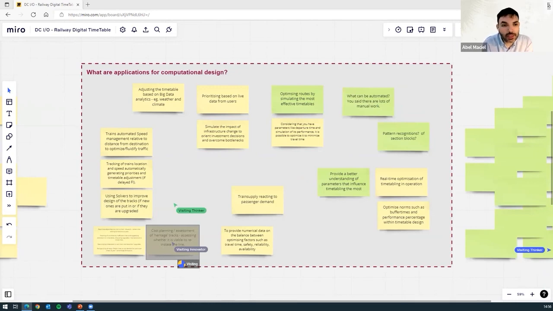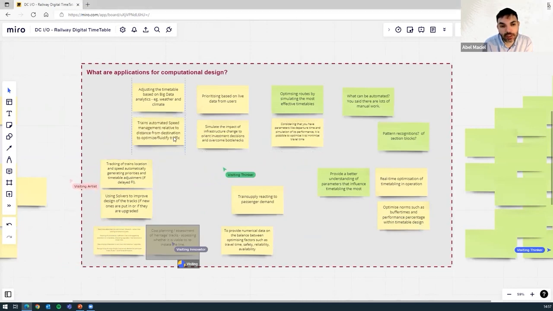I wrote a very vague one there, saying pattern recognition of session blocks, because they look like patterns that somehow can be automated. Yeah, I suggested that. I don't know how much this is automated in the software, so I wrote that other sticky note saying what can be automated.